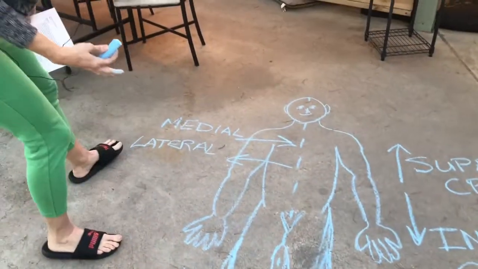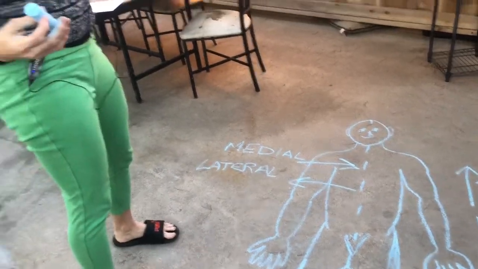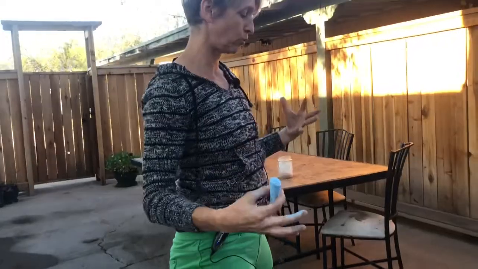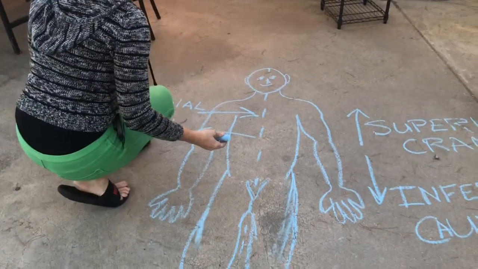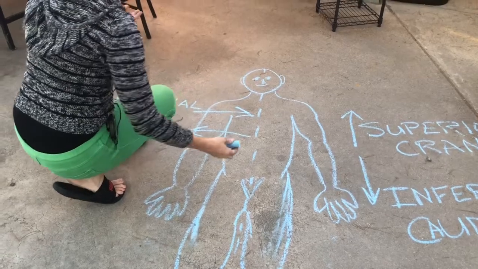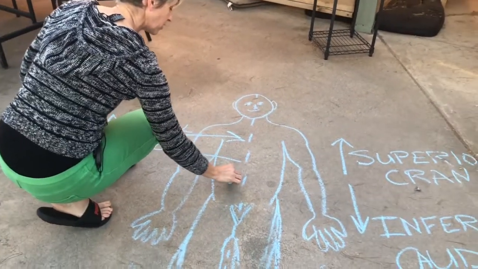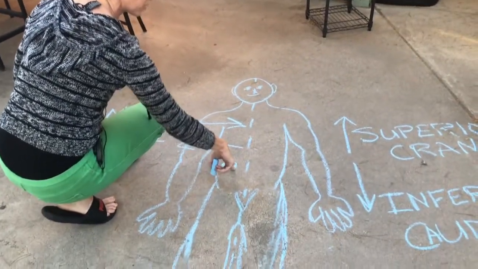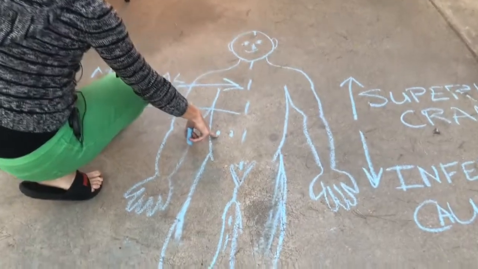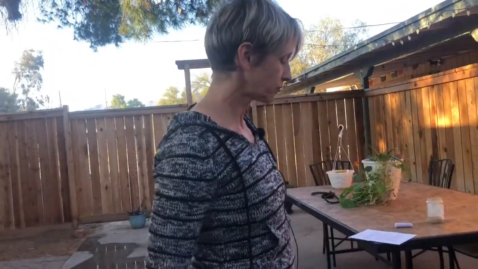We can use these terms in relationship to parts of the body. We might have acupuncture points, and one might be medial, located here, compared to another one located here. So this first point is medial compared to this one, or this one is lateral compared to that one. We use the terms to compare things.